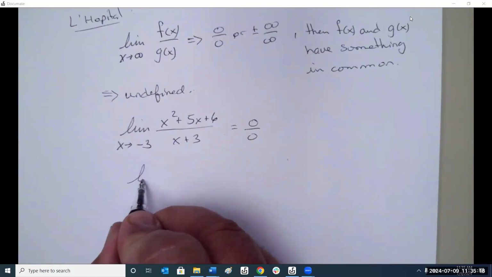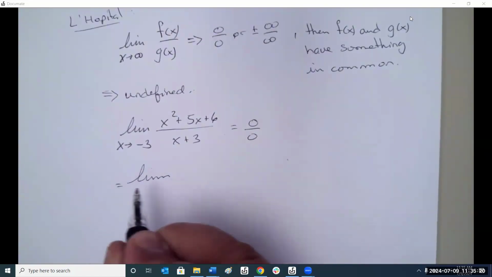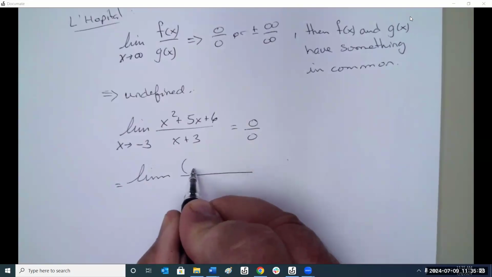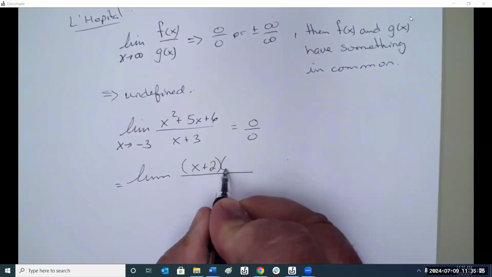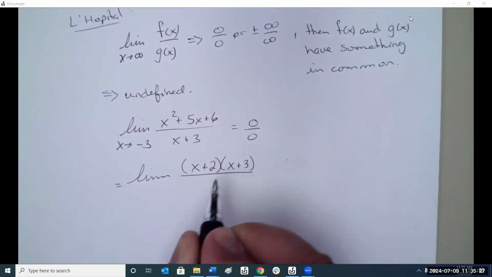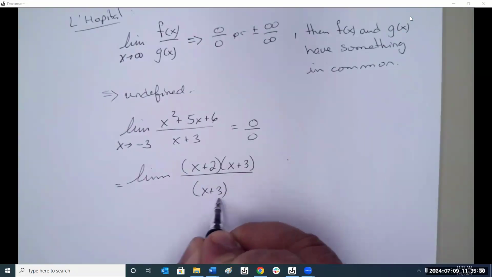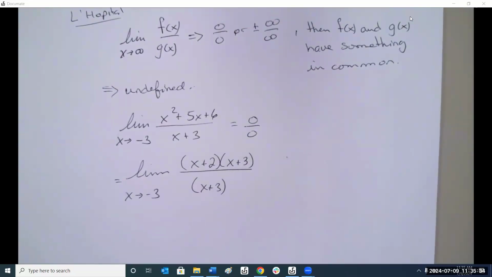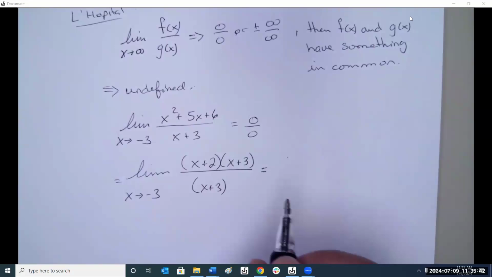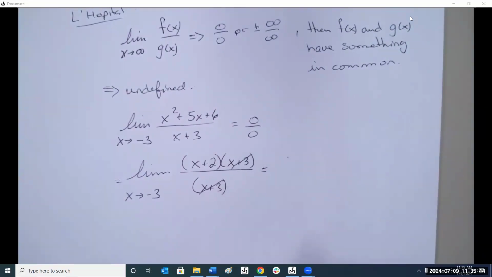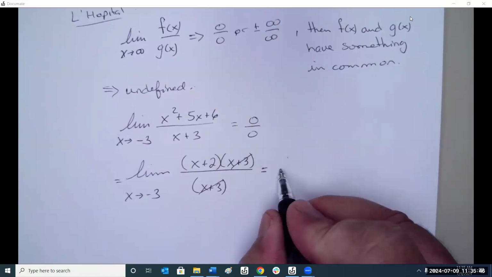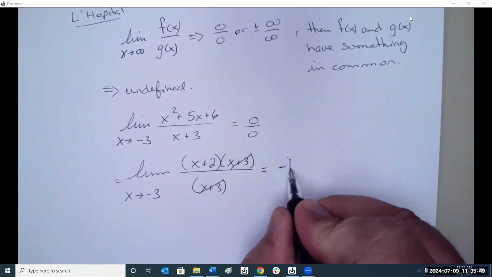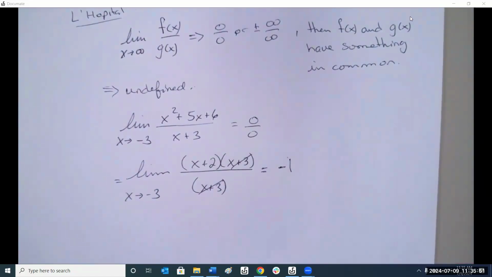What that showed us is if we factored out all the terms, and remove what they have in common, then our limit could be calculated as -1.